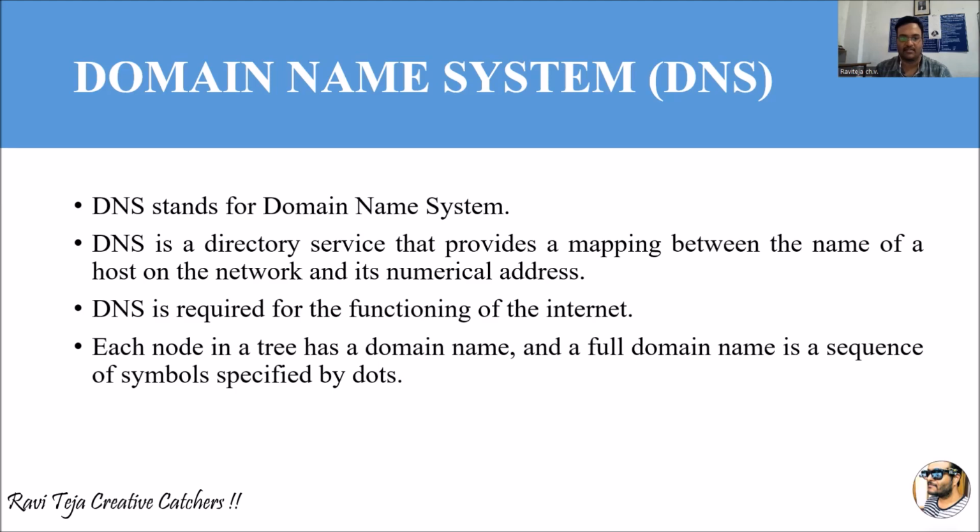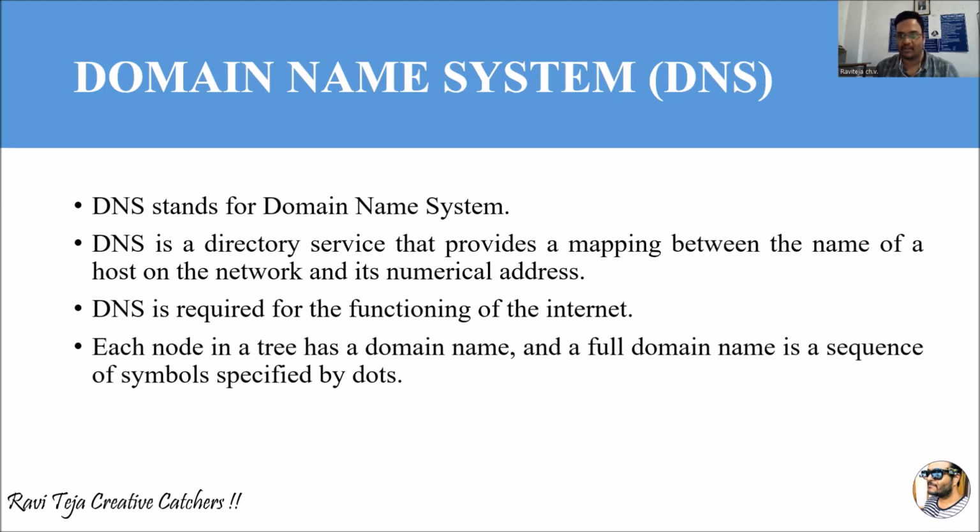As I have already said, it requires the internet for the functioning of this process. It will have a name with some sequence of extensions like .org, .com, .in, or several others. These kinds of extensions are commonly considered. And DNS, the domain name system, acts as a directory service.